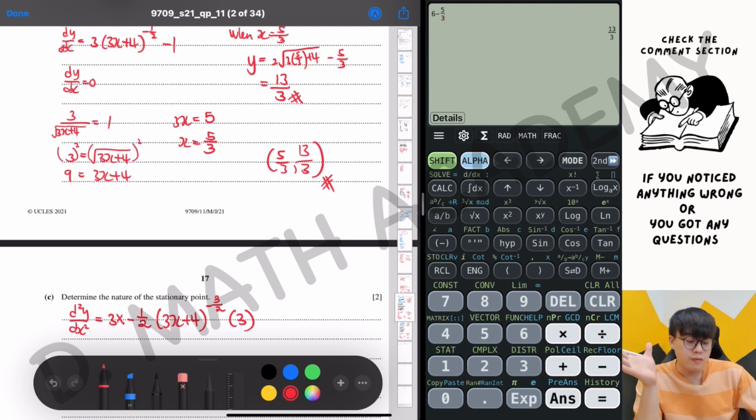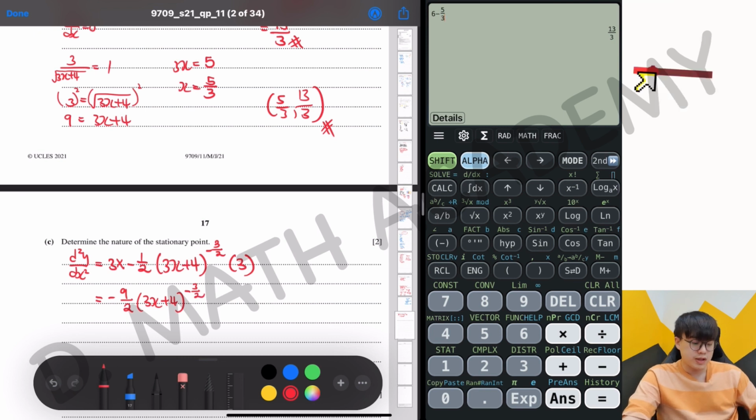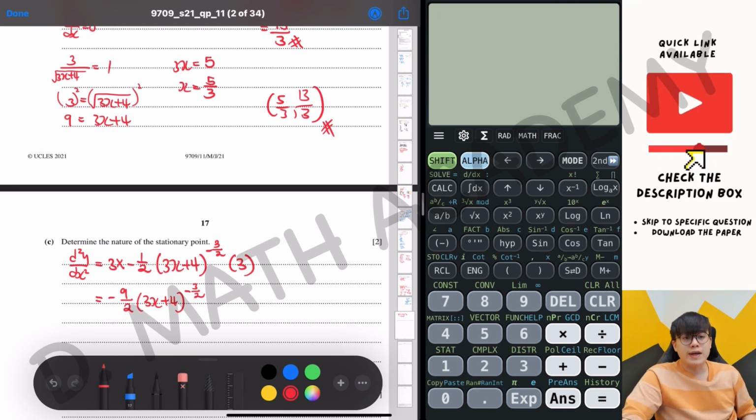The 1 that was from dy/dx will be cancelled because it's an integer value. So from here, when we calculate the details, you will get -9 over 2, (3x plus 4) to the power of -3 over 2 as your final d2y/dx2 value.